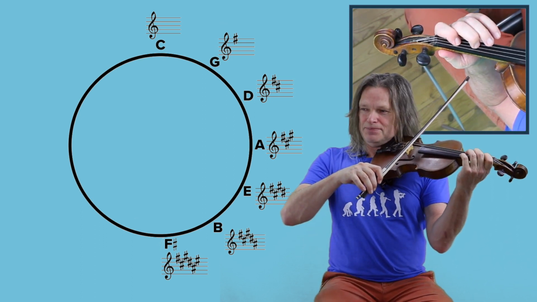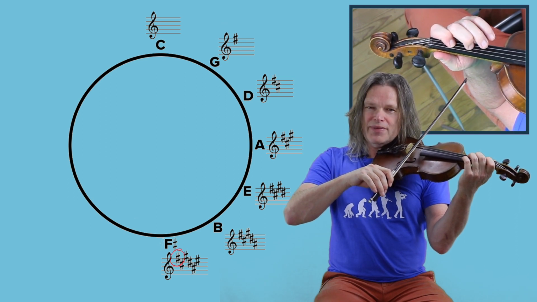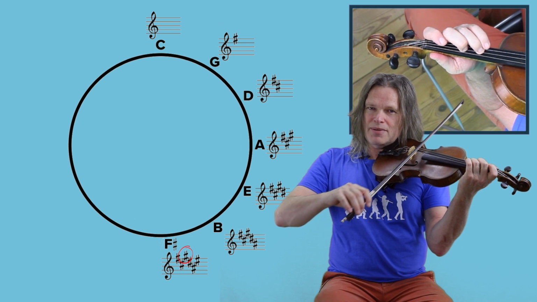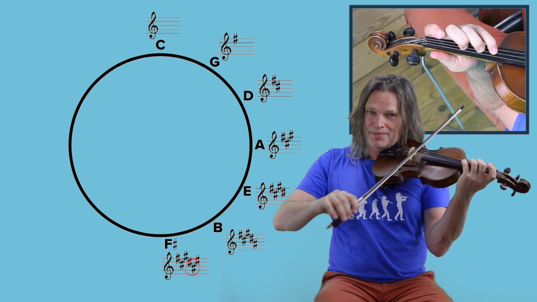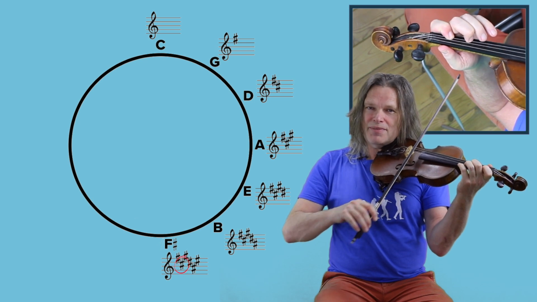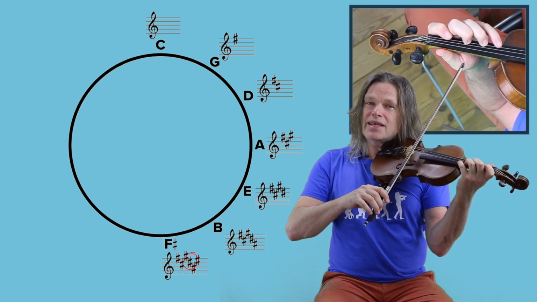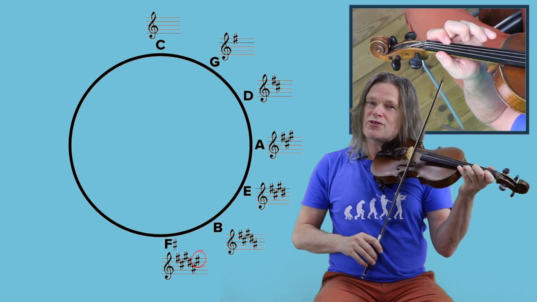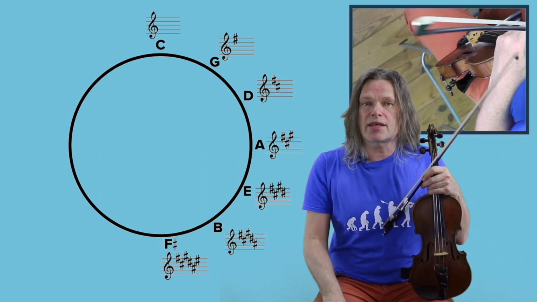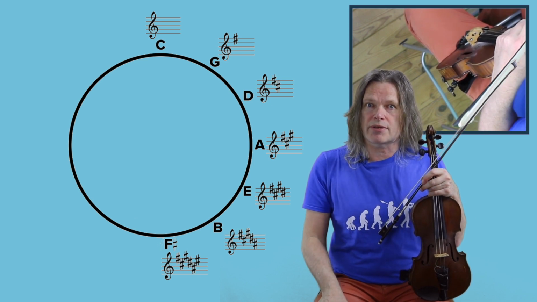Let me start here. F sharp, that's the first sharp already. G sharp, A sharp, B, C sharp, D sharp, E sharp, and F sharp. Got it? 6 sharps gives us the key of F sharp major.